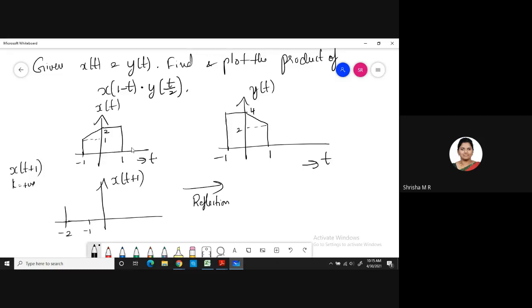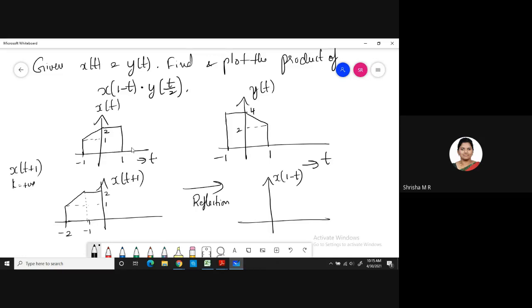So it is just shifting. Minus 1, and this is 1 and 2. We are just shifting it left by 1 instant. Okay, x of t plus 1. Then take the reflection of that to get x of 1 minus t.